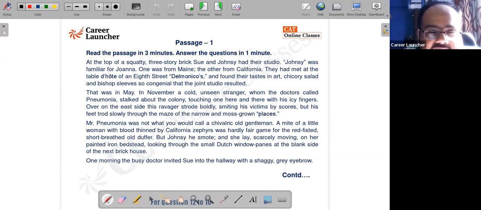Passage 1. I'll tell you how to attempt this passage. Just understand how I want you to go about this exercise. Here it says read the passage in 3 minutes. What I suggest is don't do this.